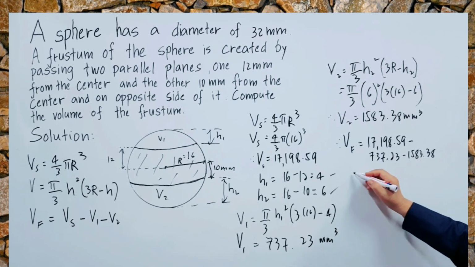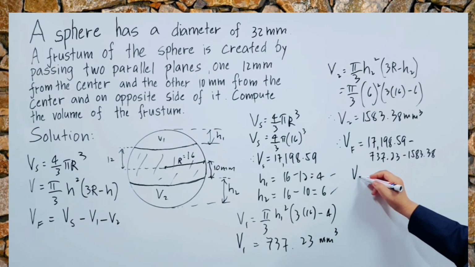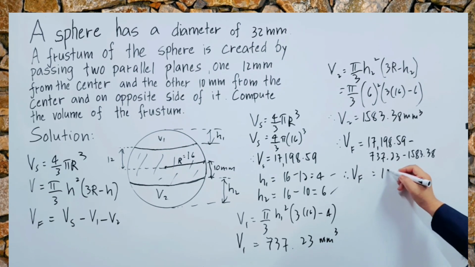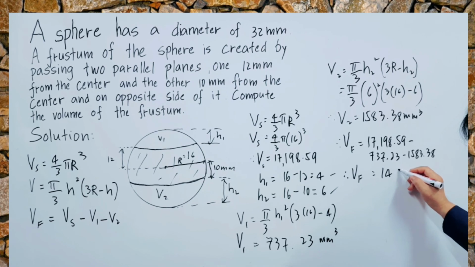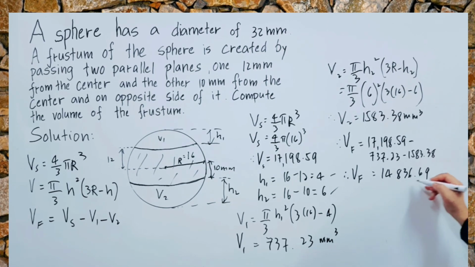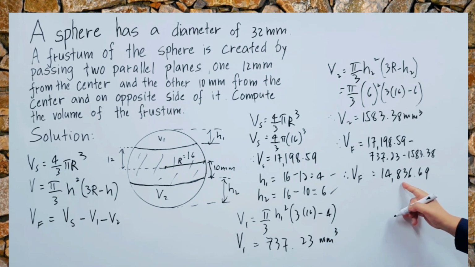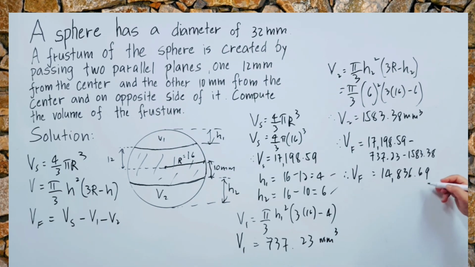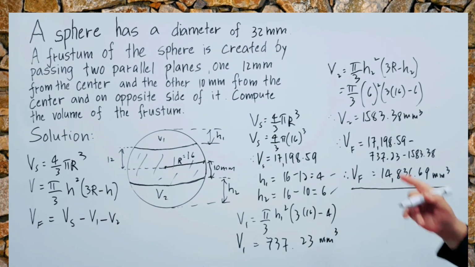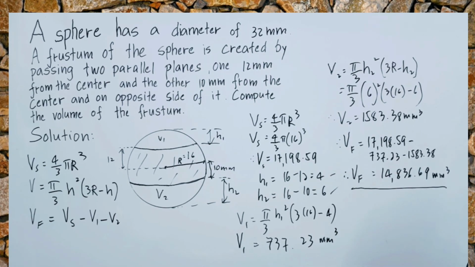Simplifying this one, the volume of the frustum of a sphere therefore is equal to 14,836.69 mm cubed. This is the answer to the question, the volume of the frustum of the sphere.